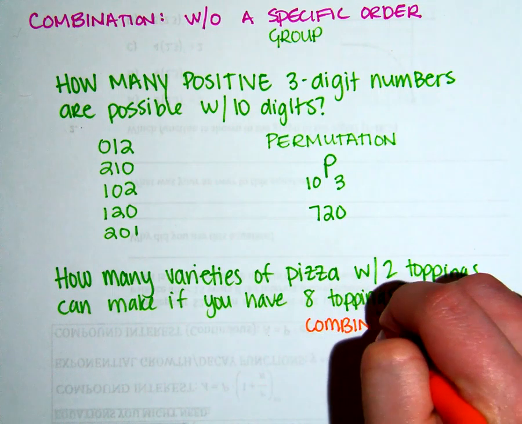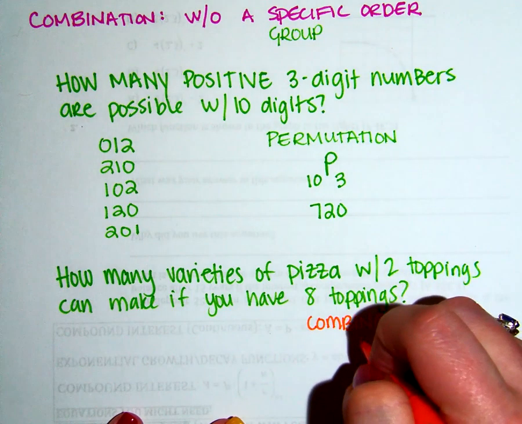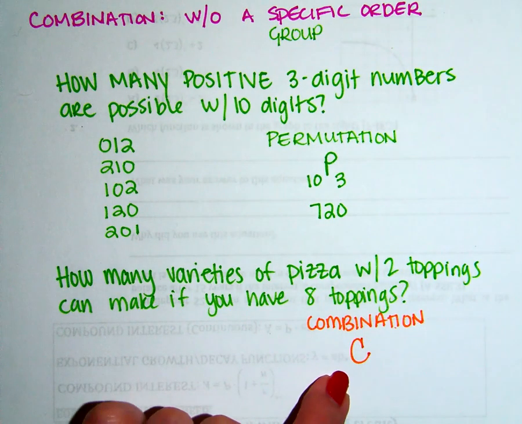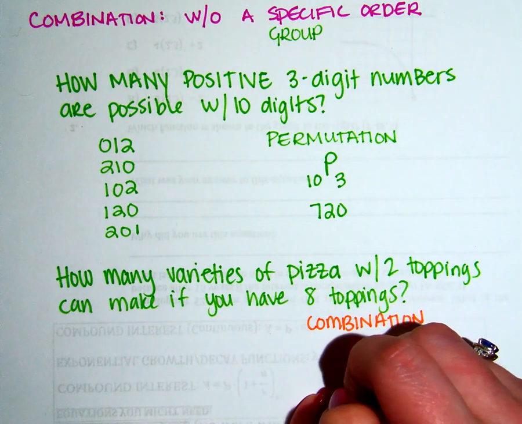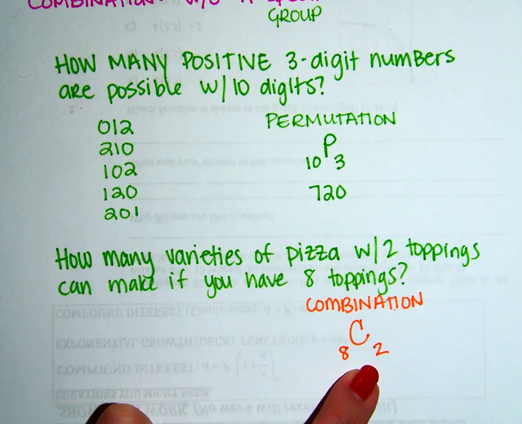So not only do you have to tell me what it is, now you have to show me what would the notation look like. So we've decided it's a combination. So our n would be our number of toppings that we have, which is 8 total to choose from, and I'm choosing them 2 at a time. So then that would be your notation.